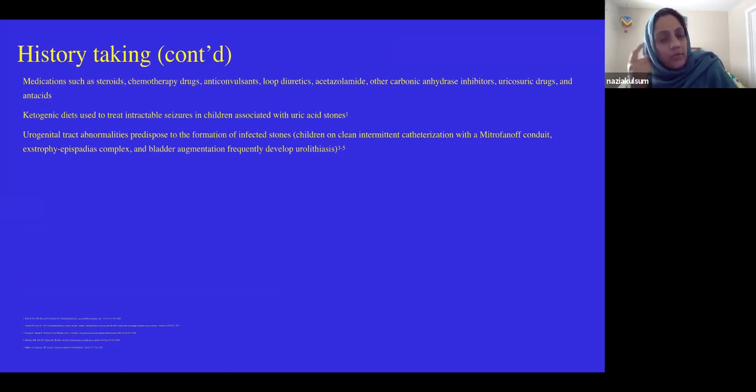And then we talked about a few medications that can cause kidney stones, but the other ones include steroids. Long-term use of steroids can cause increased calcium losses from the bone. Also chemotherapy drugs, anticonvulsants like, for example, Topamax. Topamax is prescribed quite commonly, both for seizure disorders and for headaches.